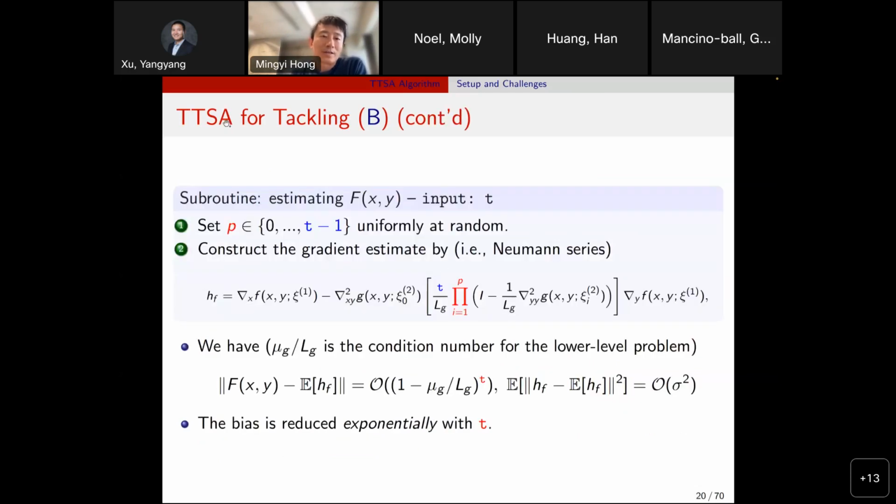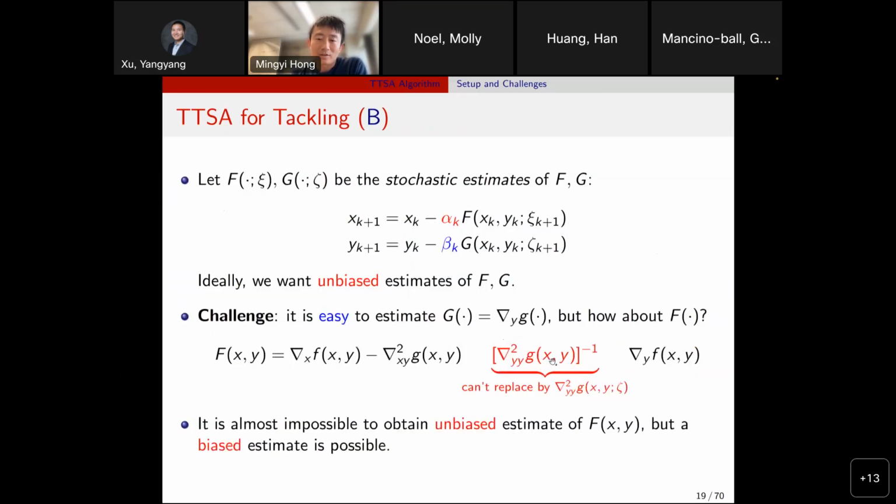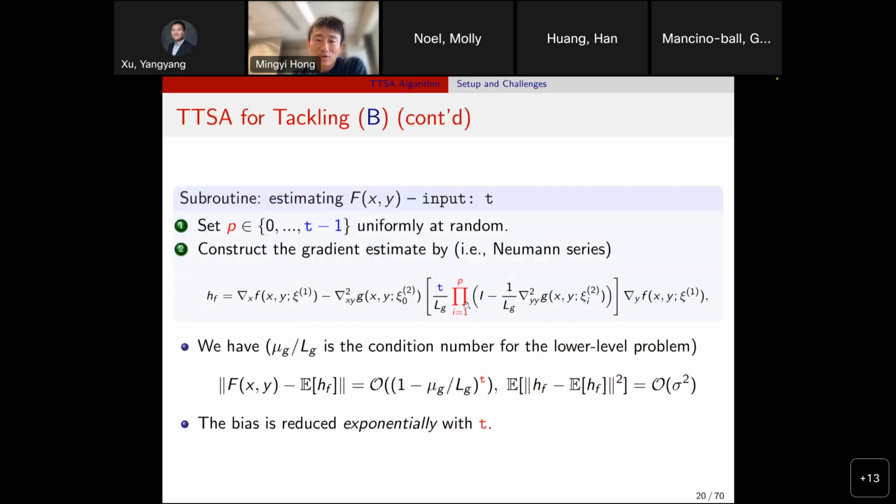So we have a subroutine developed, which says the following. I can draw p samples. P is a random variable uniformly drawn from 0 to t minus 1. For each p, I will draw a sample of the Hessian. I will replace this red term with a stochastic estimate calculated in this way.